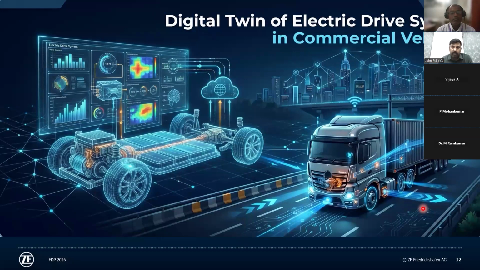I'll also explain that in the upcoming slides. So I would like to share primarily the experience we had with the realization of our eDrive system's digital twin.